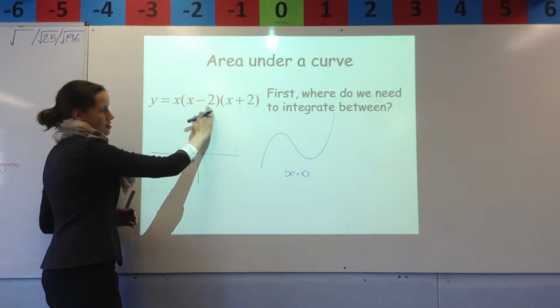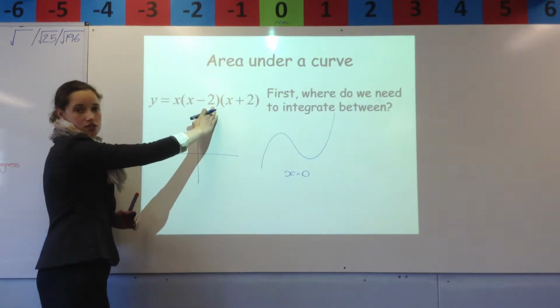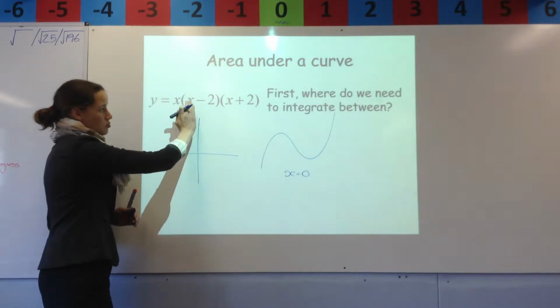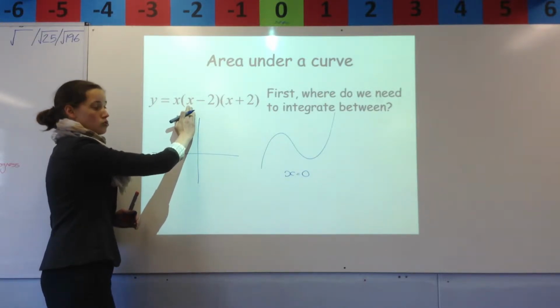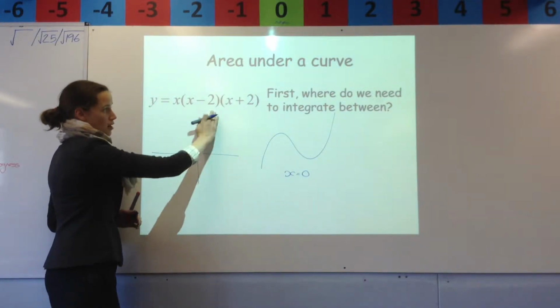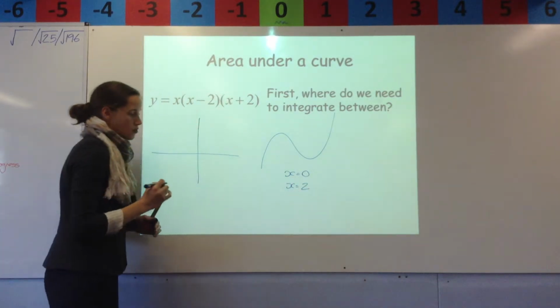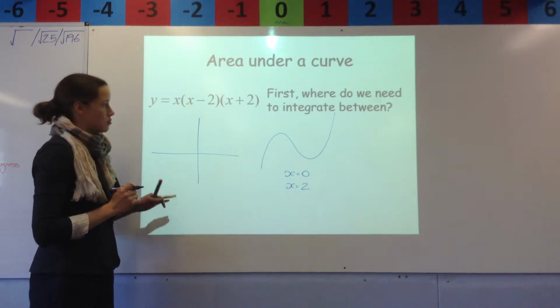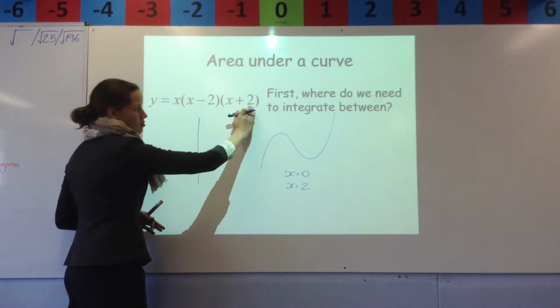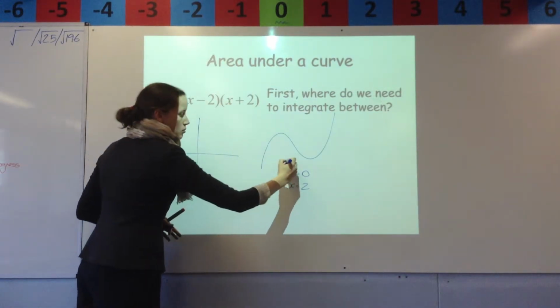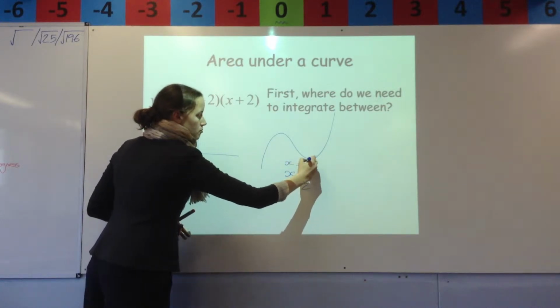If we look at this one here, to make this bracket equal to 0, it's when x is equal to 2. 2 minus 2 is 0, that bracket is 0. So our second value for where it crosses the x-axis is when x is equal to 2. And our third one here is when x is equal to negative 2.